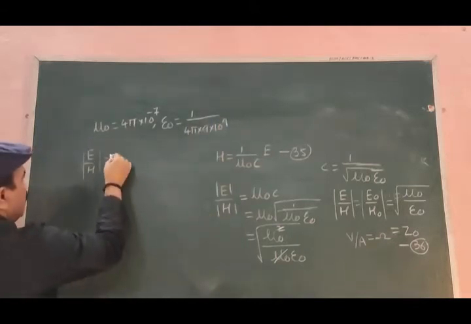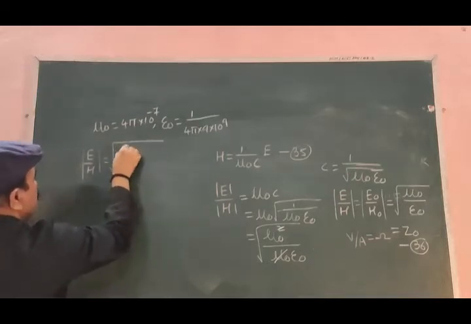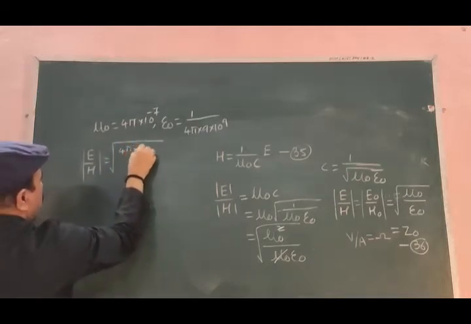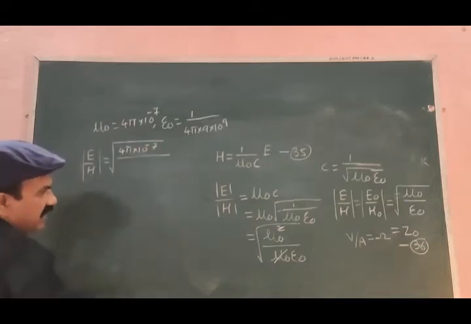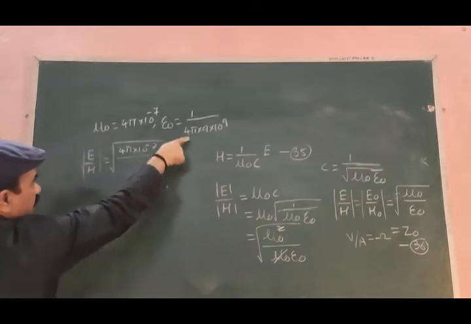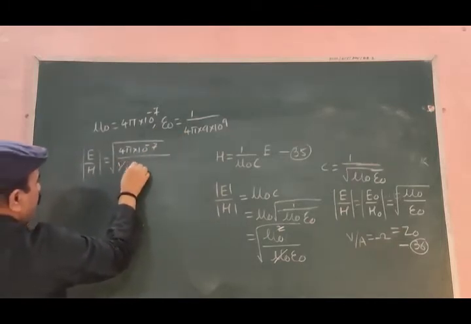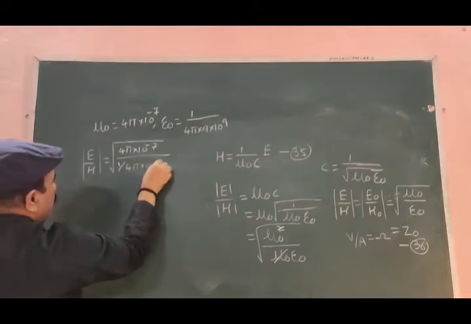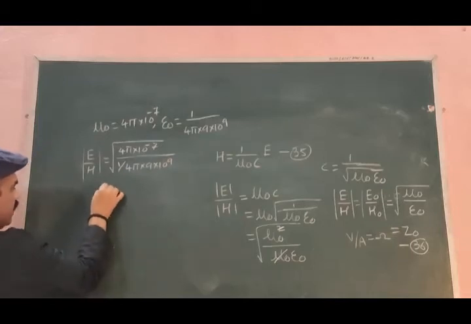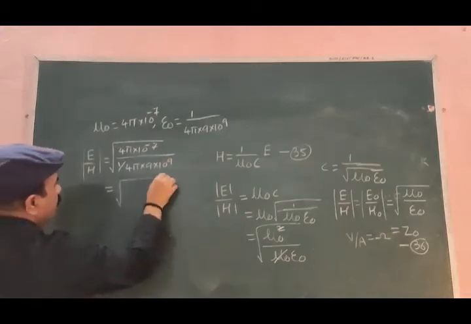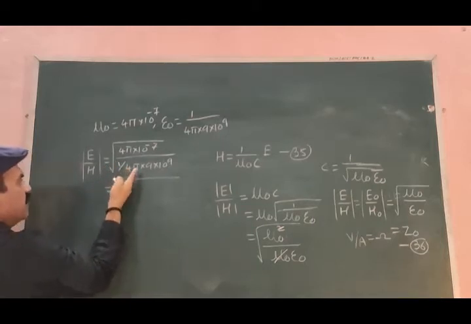Put these values here. Mu 0, 4 pi into 10 to the power minus 7, divided by epsilon 0, 1 by this. So 1 divided by 4 pi into 9 into 10 to the power 9. This is the denominator of a denominator, so it will be numerator.